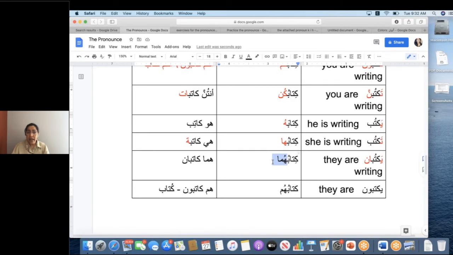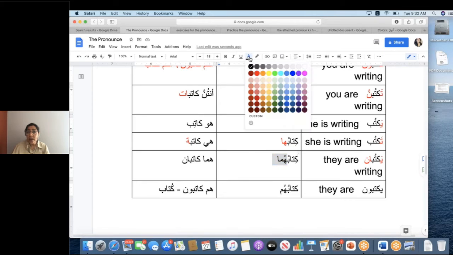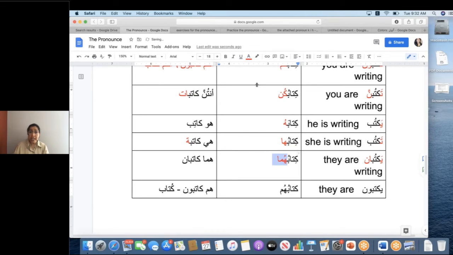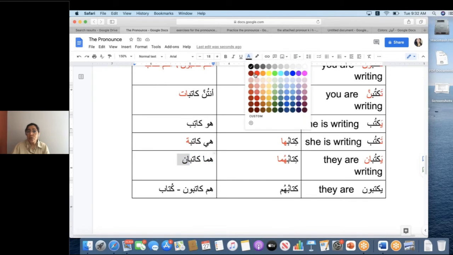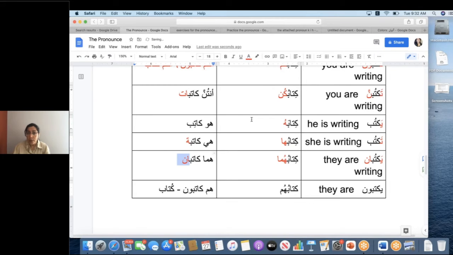And if I want to say this is their book, one book, I will say هذا كتابهما or كتابهما جيد. They have a good book. Okay, so when it's dual, we know we're going to use huma with dual, and I have to add alif noon at the end to make up for the number two.